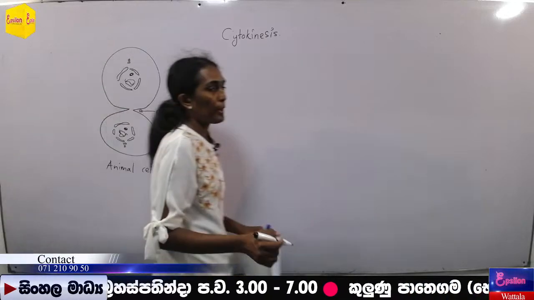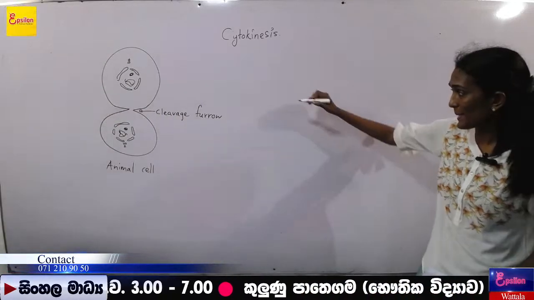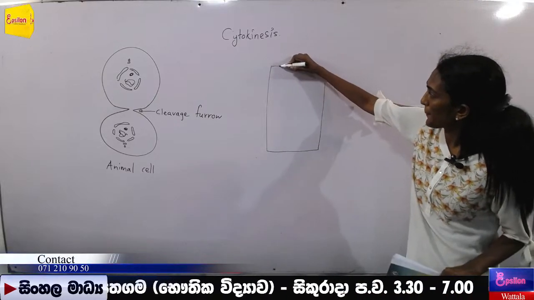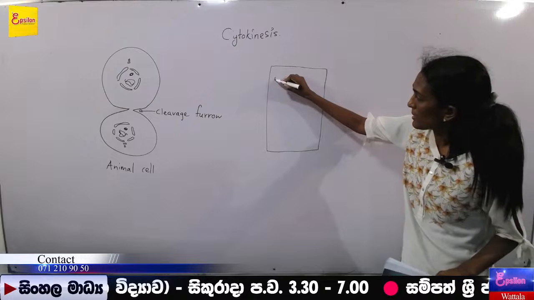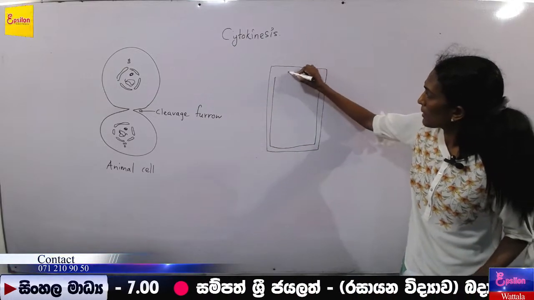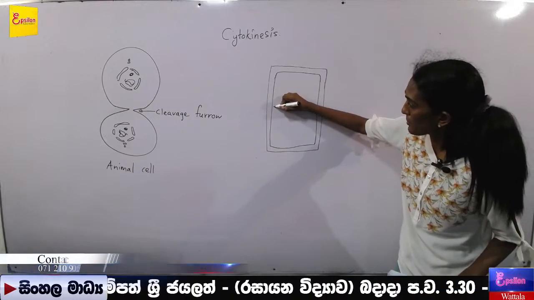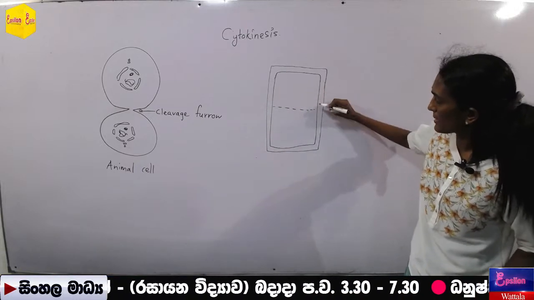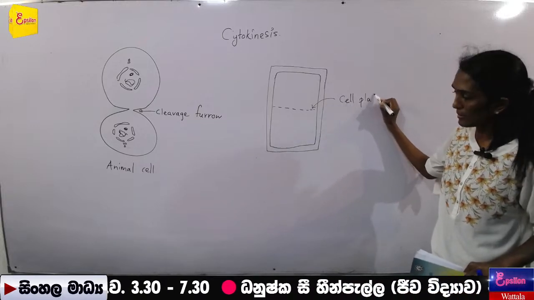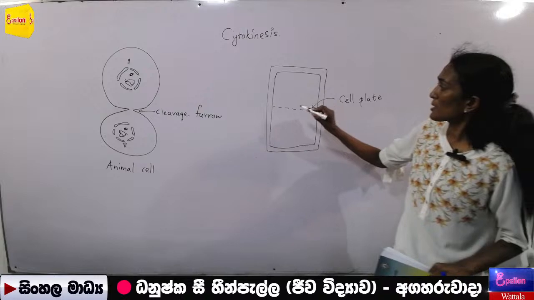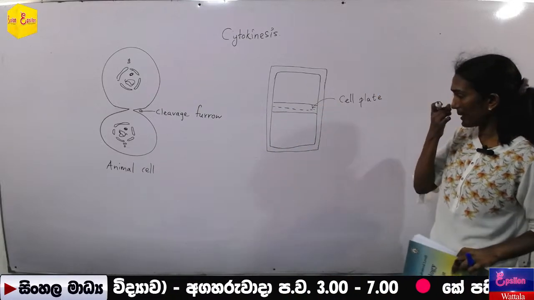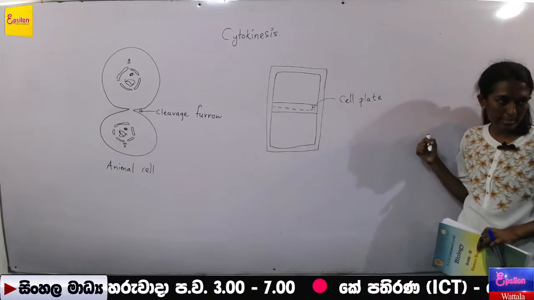So here is what is going to happen in a plant cell. Plant cells have a cell wall. So this is one single cell, let's say. Here is the cell wall also. They are going to make a structure called cell plate. This is called cell plate. So they are forming cell walls on both sides, and then only they make two new cells.